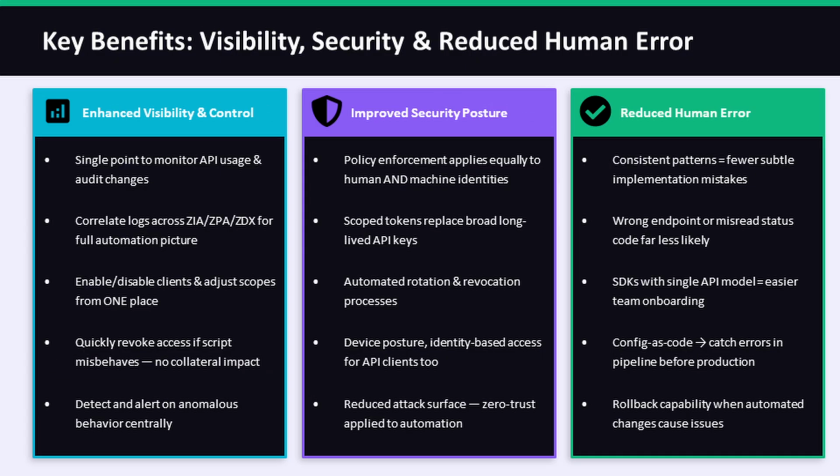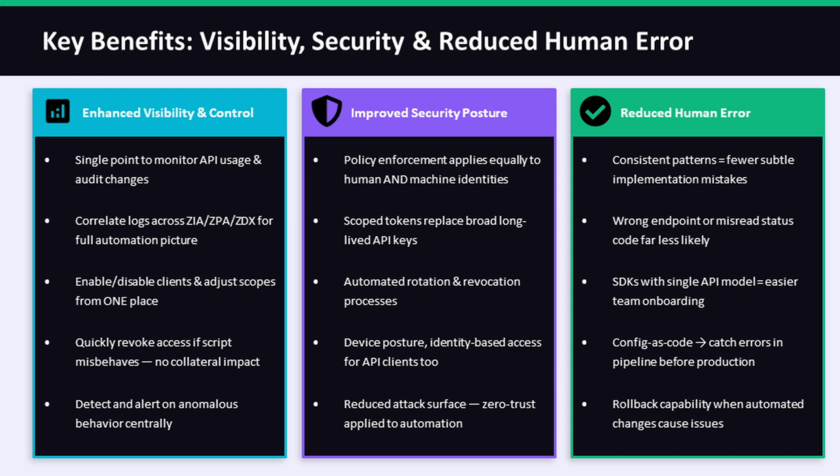Let's go through the three major operational benefits the Zero Trust Automation Framework delivers in detail. Enhanced visibility and control. When all API access flows through OneAPI and all clients are defined in Z-identity, you gain a single point from which to monitor, audit, and manage everything.